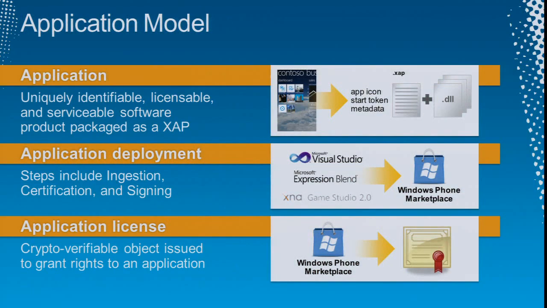So I talked about the XAPs. I'm not going to go too much into this. Basically, each app is a XAP file on the marketplace. It's uniquely identifiable, licensable, and its own object. Application deployment is handled via the ingestion of that app in the marketplace, the certification of that, which is a separate process, and then the signing of that app with an app marketplace certificate.